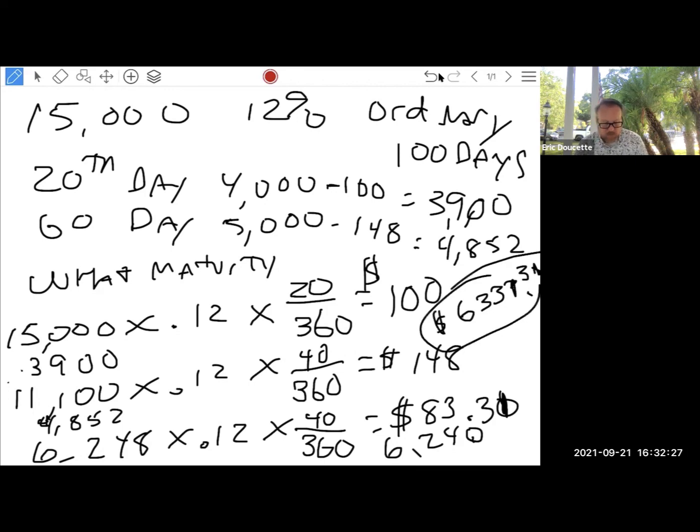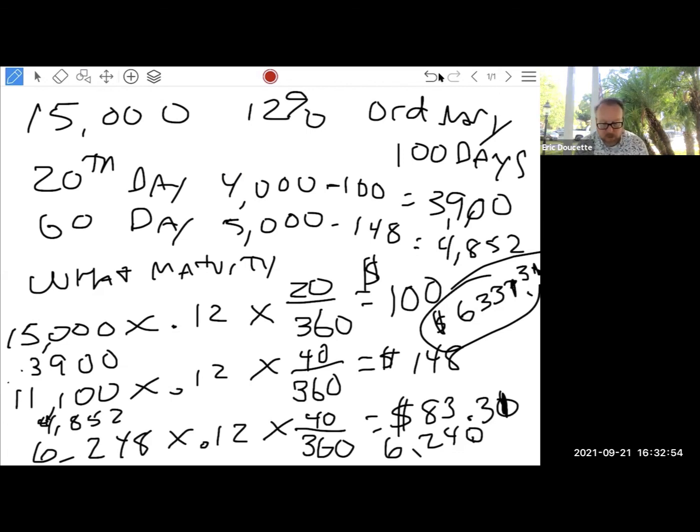That was the maturity value of that particular loan after all those payments were made. So that's how much I owed at the end, 63. Let me check my answers. Yep, 63. So final payment due was 63.31. That's what I came up with.